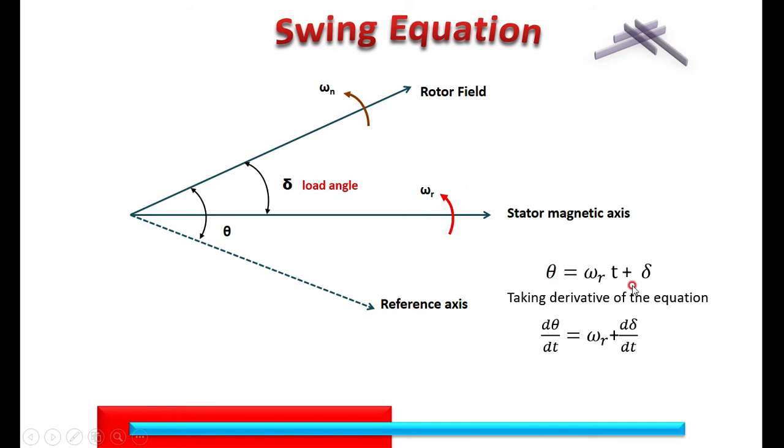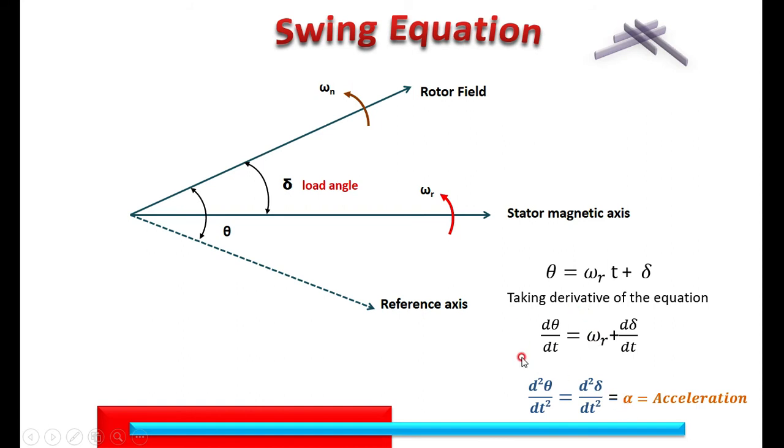Differentiating further, d square theta by dt square is equal to d square delta by dt square, since omega r is a constant and its derivative becomes 0. That is what we call the acceleration, and it is represented by alpha.